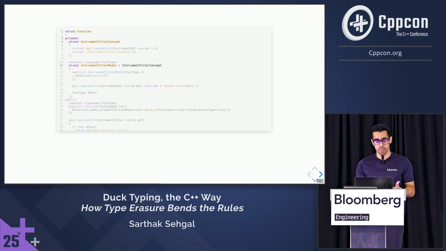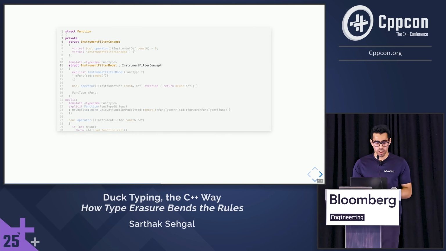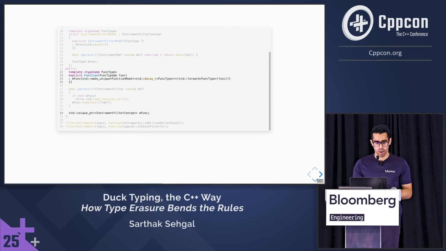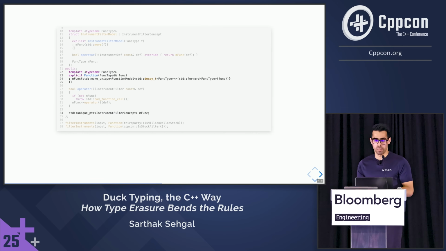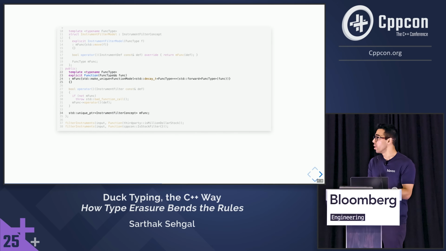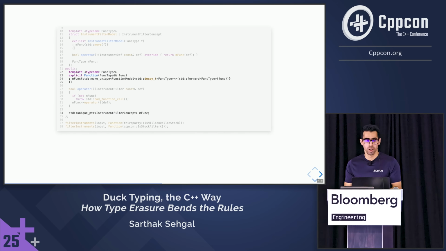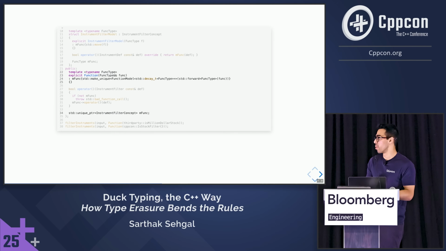So now I have this non-templated class struct function with two inner classes, and all I have to do is have a templated constructor which accepts basically any type, func type, wraps it inside this instrument filter model, and stores the pointer to the base class inside as a data member.